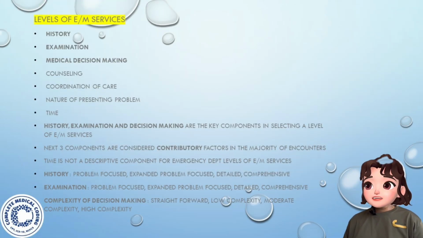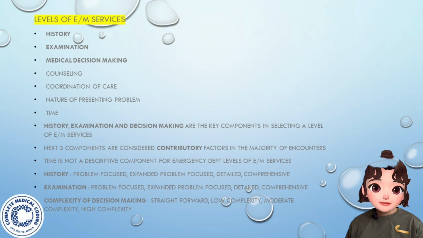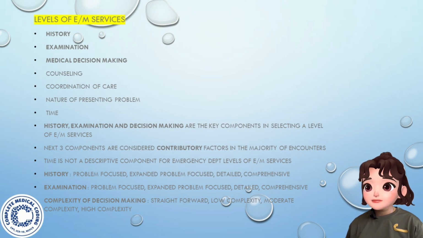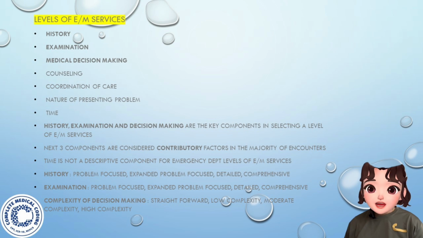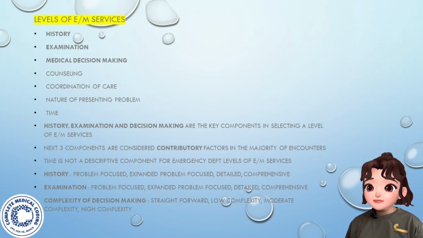Now, which are the levels of E&M services? There are 7 different levels: history, examination, medical decision making, counseling, coordination of care, nature of presenting problem, and time. Among these, history, examination, and medical decision making, the first 3, are the key components in selecting a level of E&M service.